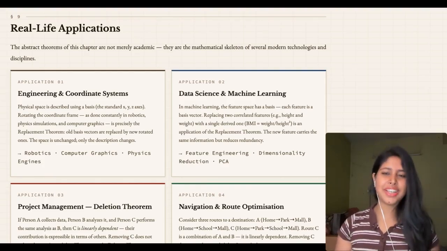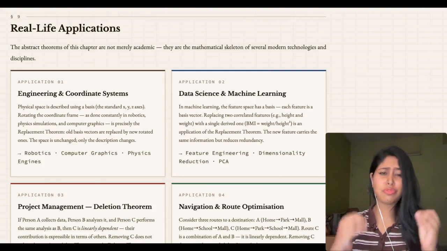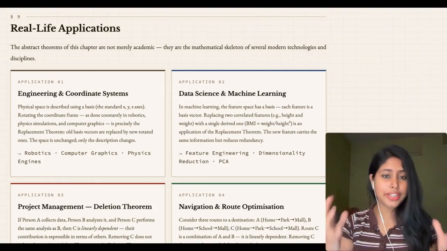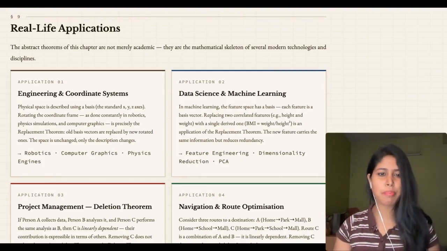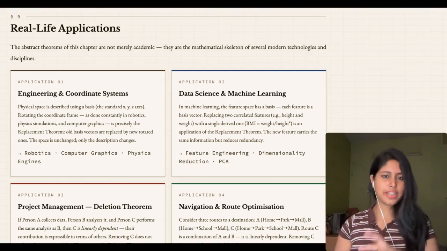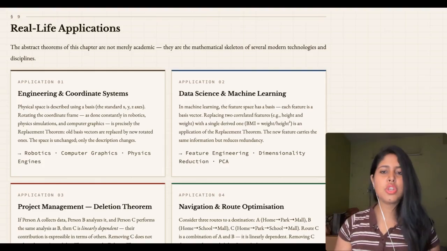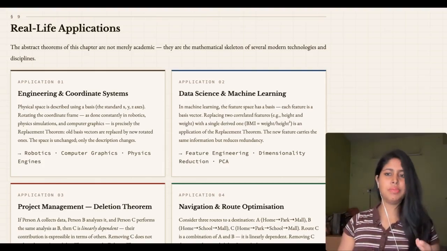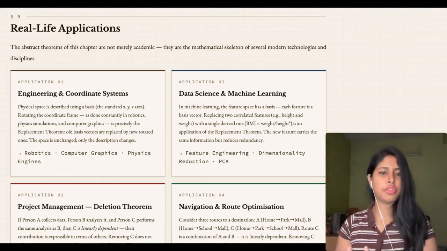In machine learning, your basis vectors are your features. This is very, very interesting, and very intuitive also. You can understand this application a lot better from this example. Things like height, weight, age, etc. are the features. Sometimes instead of using height and weight separately, you replace them with a single new feature called BMI.